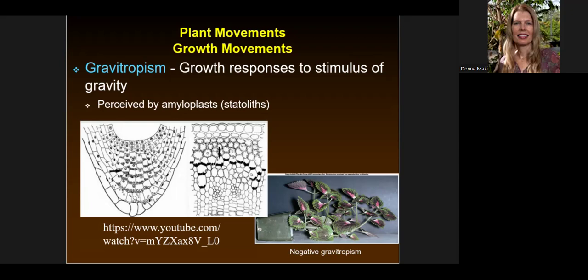What you see happening here is this root is growing straight down toward gravity. You see how all the amyloplasts have pretty much gathered to the so-called bottom of the cell, but they're not at the top part of the cells?